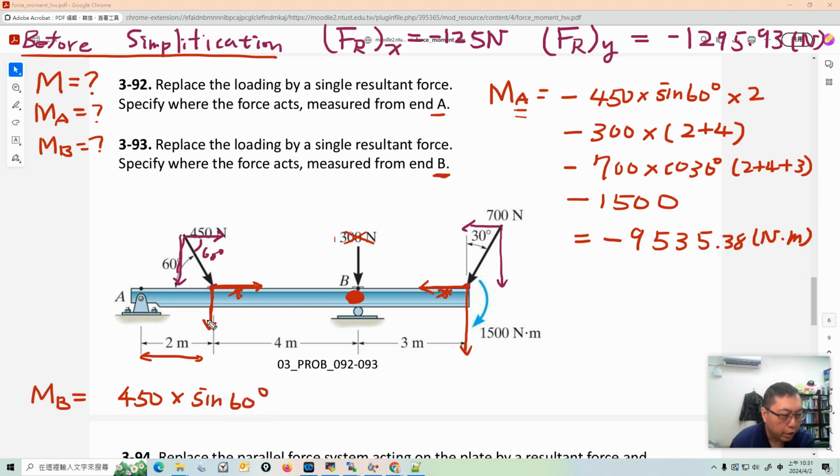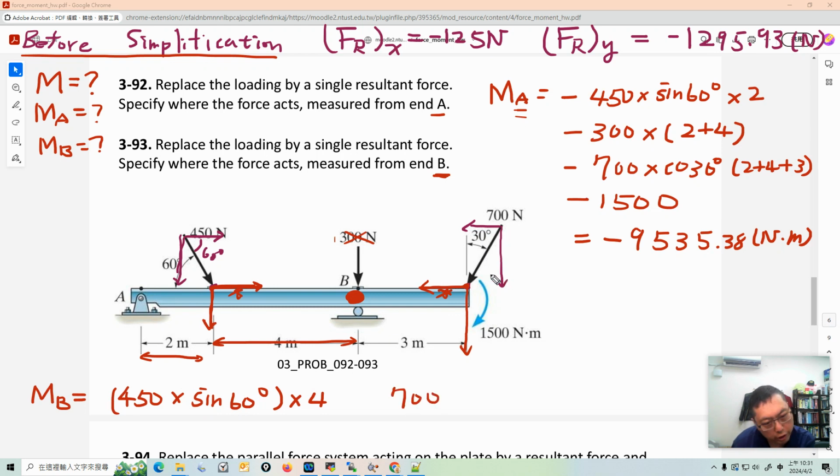The force points down here and the reference point is here, so it will generate a counterclockwise rotation, so it is positive. And the lever arm, be careful, will be here, so it's 4 meters, positive because of the counterclockwise rotation. Right now here is 700.